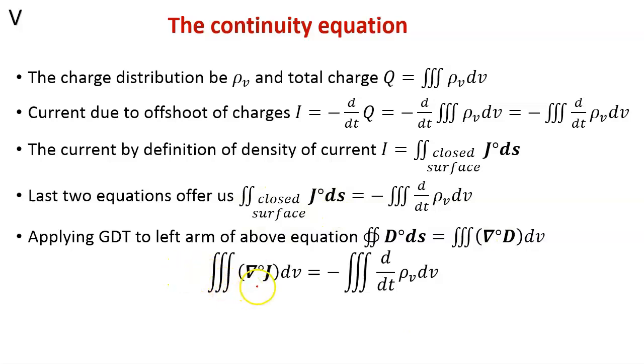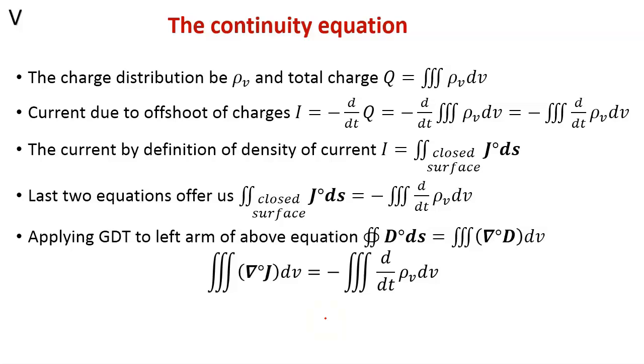So triple integration divergence of j dv is equal to minus triple integration d dt of rho v dv. Now you can observe on both sides we have volume integration.